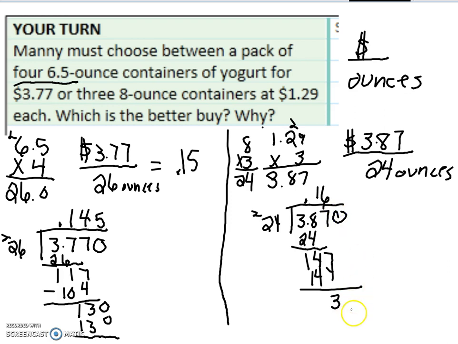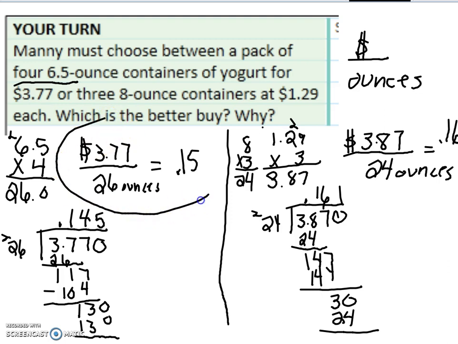Subtract. 24 can go into 30 one time. So this rounds to 16 cents. Would you rather pay 15 cents or 16 cents? Well, you would rather pay 15 cents. This is the better buy.